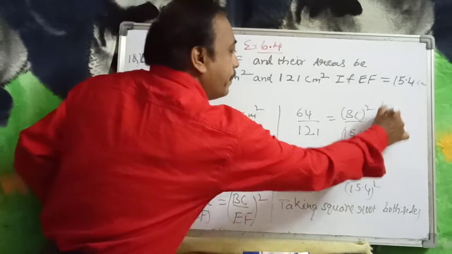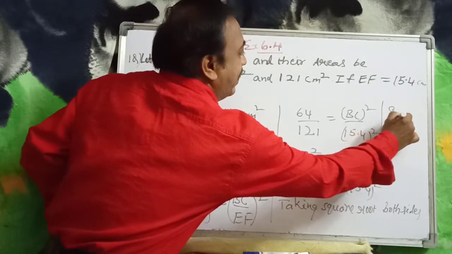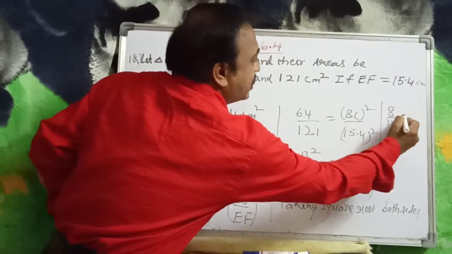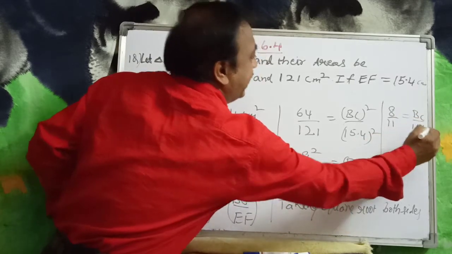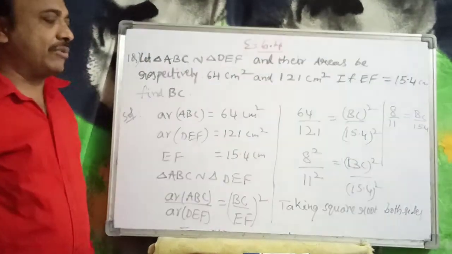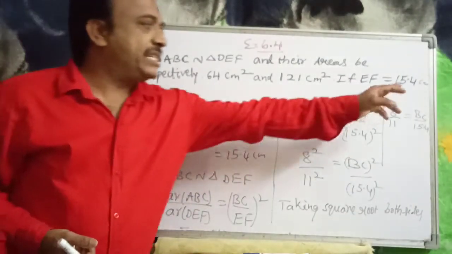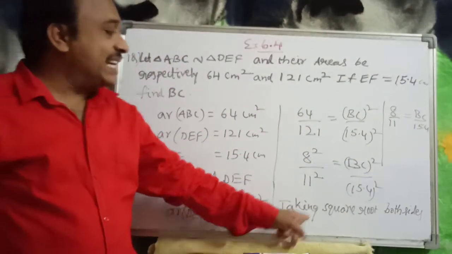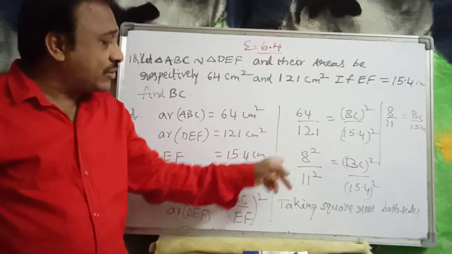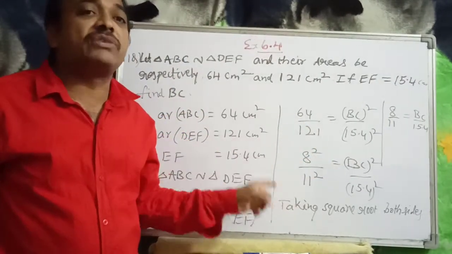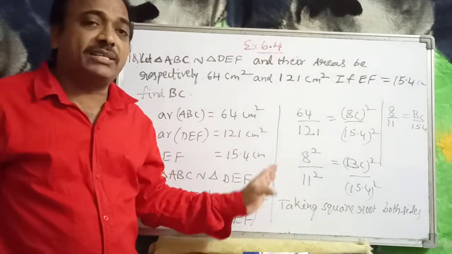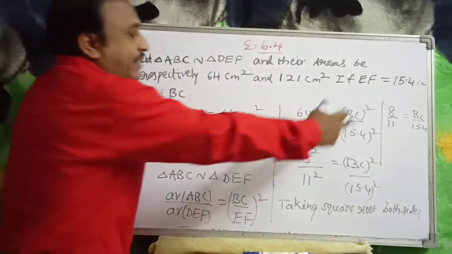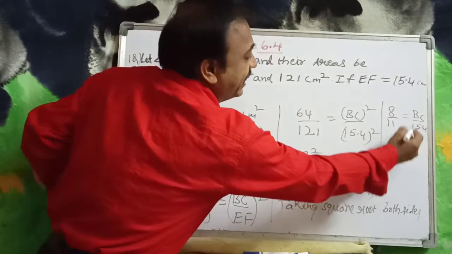We will have 8 by 11 is equal to BC by 15.4.